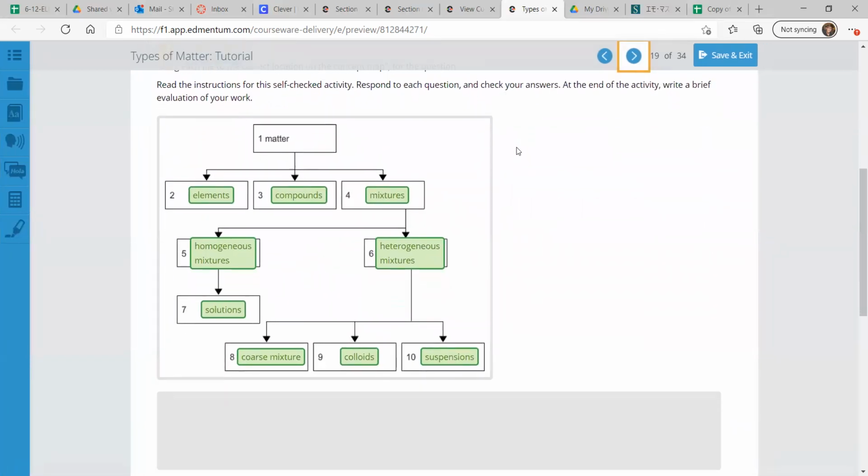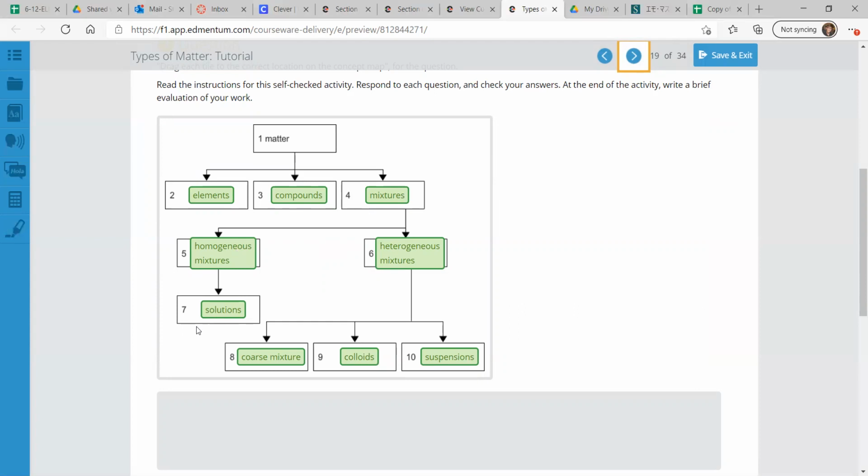This is a concept map. So we've been talking about matter. You can separate matter into three categories: elements, the most basic form; compounds, which is a fixed ratio of elements mixed together; mixtures, which is a messy mixture, really, of elements or compounds tossed together. And then you can break those mixtures down into these homogeneous mixtures, which are solutions.